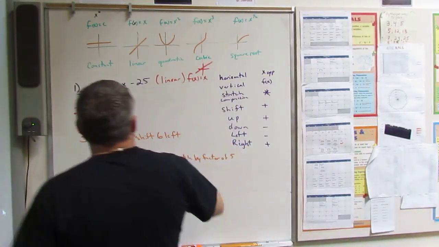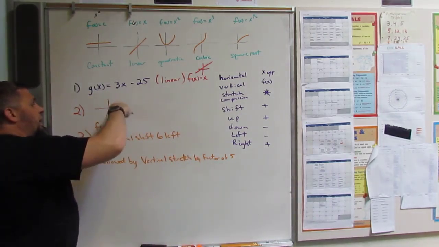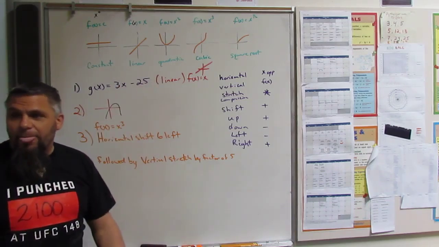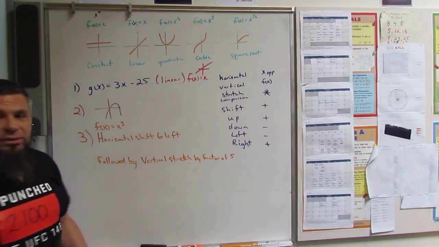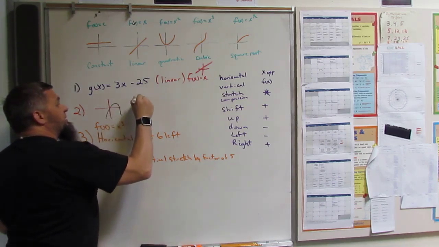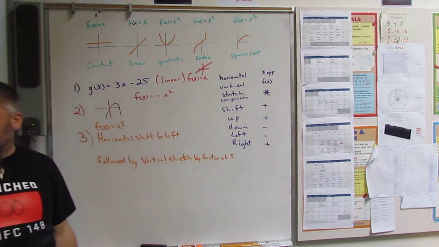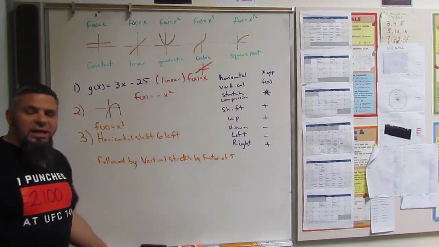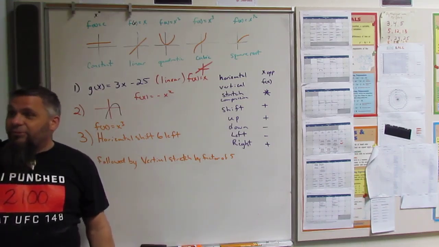Now, with this one, we notice that it's a parabola. It's upside down. So I'll give you extra credit if you can come up with the real parent function to this would be f of x is equal to negative x squared. And if you come up with x squared, that's fine because its original function derived from x squared.